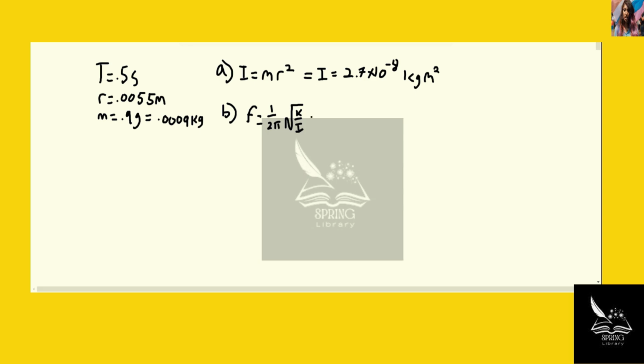And we can also say that this is equal to 1 over T, 1 over the period that we already have. So once we rearrange all this, we end up with an expression for the spring torsion constant, k. It's going to be equal to the moment of inertia divided by the period squared over 4 pi squared.